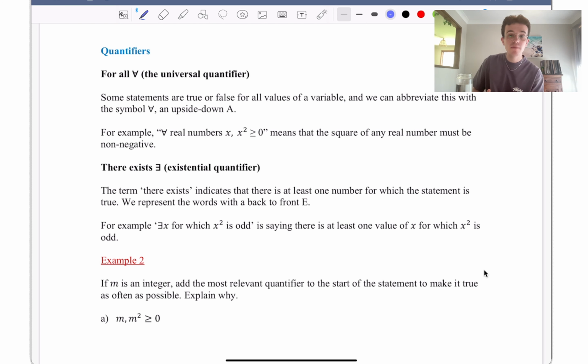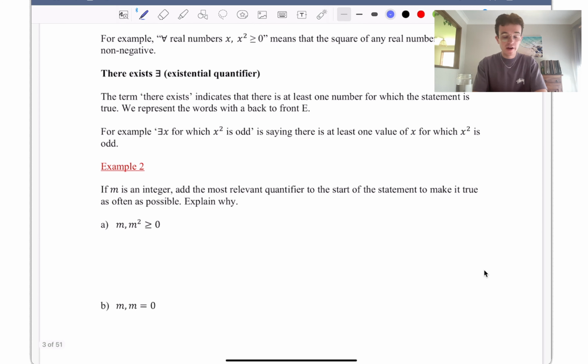Some statements are true or false for all values of a variable, and we can abbreviate this with the symbol for all, which is an upside down A. So for example, this sentence would read, for all real numbers, x squared is greater than or equal to 0. That means that all squares of any real number must be non-negative, and we know that's true. That's why we can use the for all symbol.